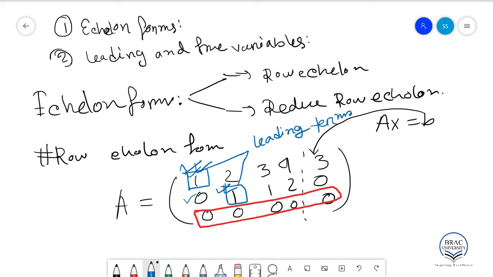If you want to think of it as a system of 4 variables and 3 equations, for example, if I had to write down the equation for the first row, this would look like 1·x1 plus 2x2 plus 3x3 plus 4x4 equals 3, right?